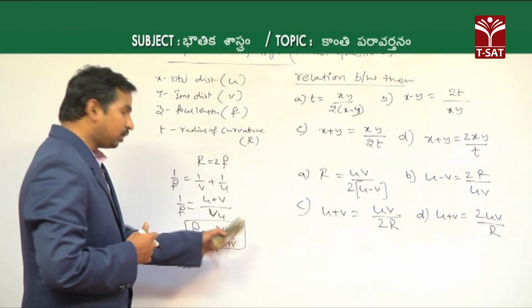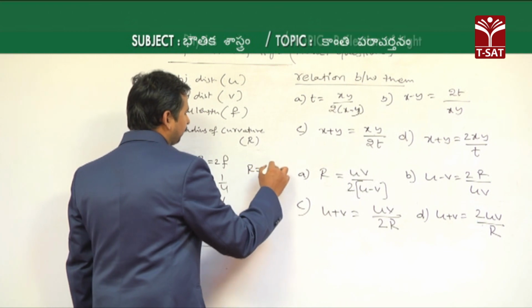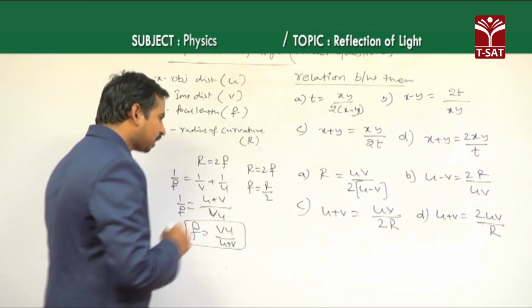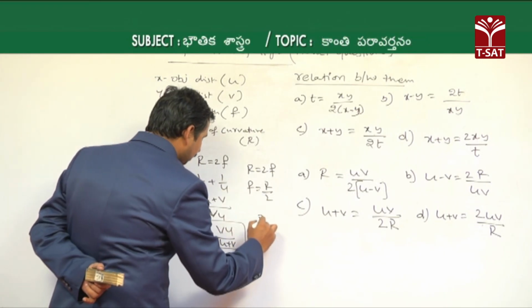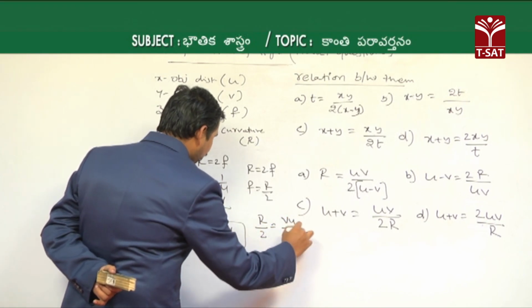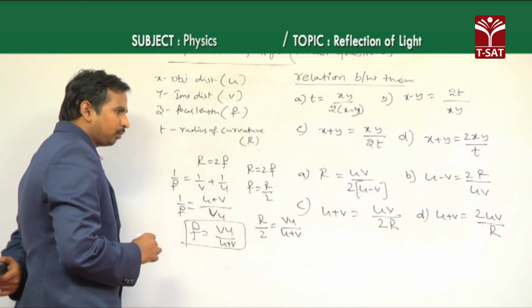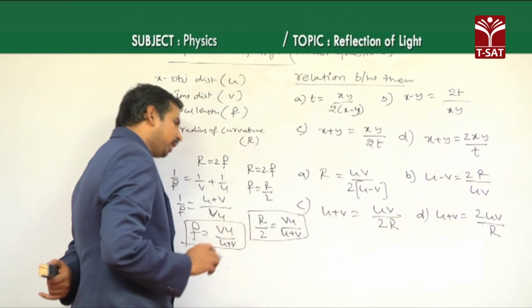We know r is equal to 2f, so f becomes r by 2. If you substitute that value here, r by 2 is equal to vu by u plus v. Then from this you can write r by 2 is equal to vu by u plus v.